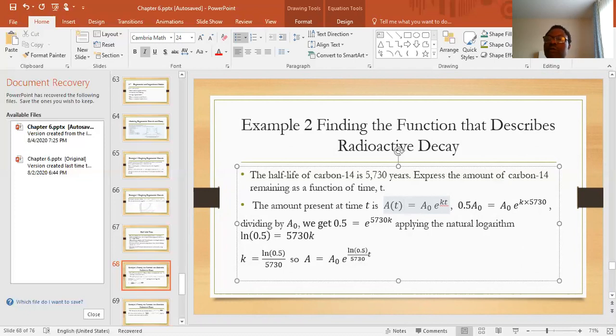So the equation of the quantity of carbon-14 remaining is A equals A0, the initial quantity, e to the logarithm of half over 5730 times t. So this equation is going to be used each time you have a problem of carbon-14.